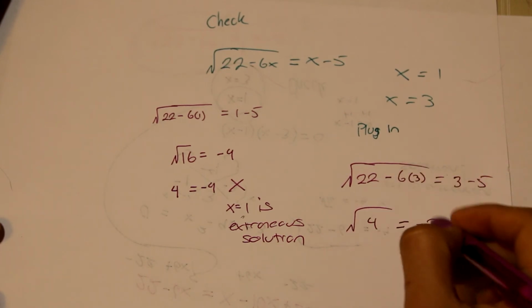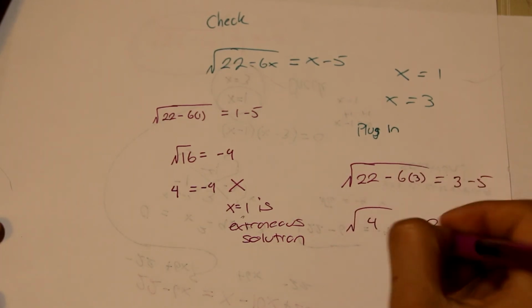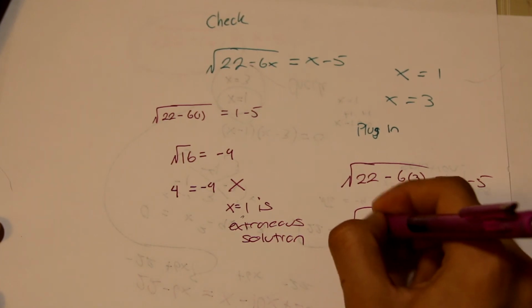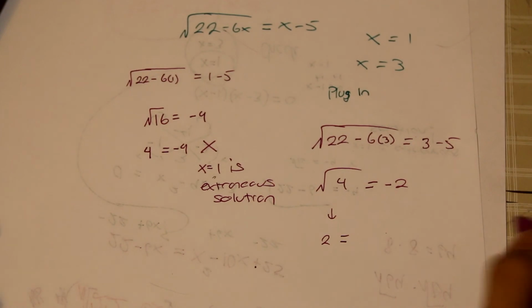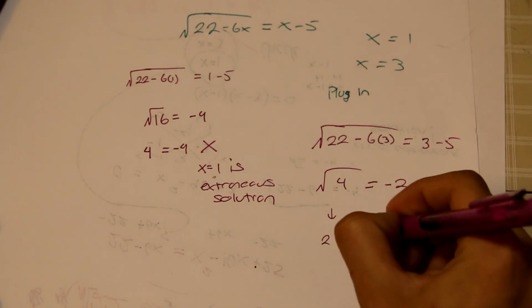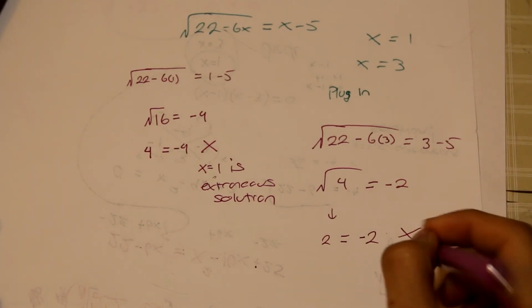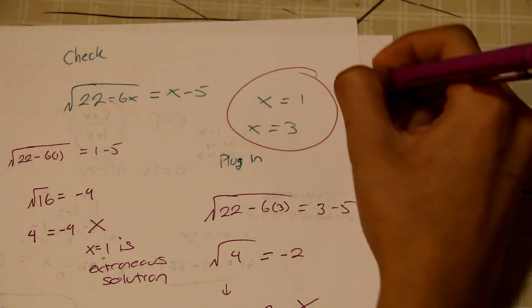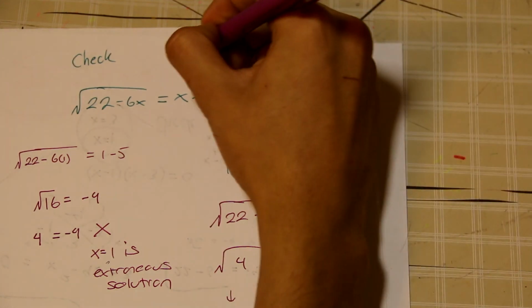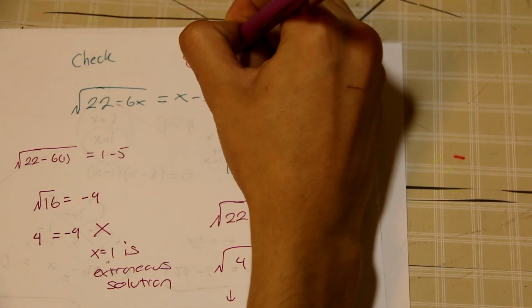This is what you get after you simplify. But the square root of 4 is 2. And 2 does not equal negative 2. That means that now both of our solutions are extraneous.